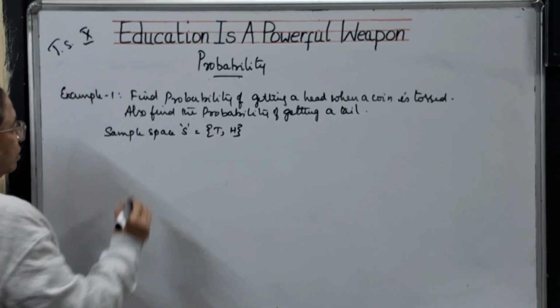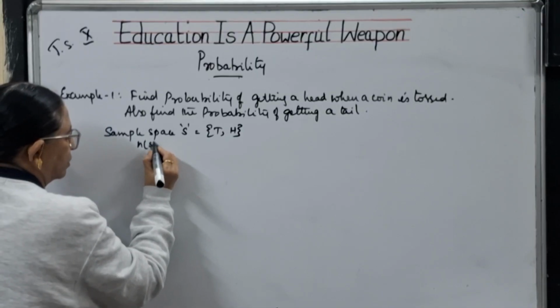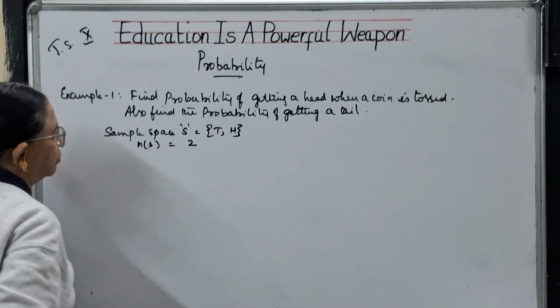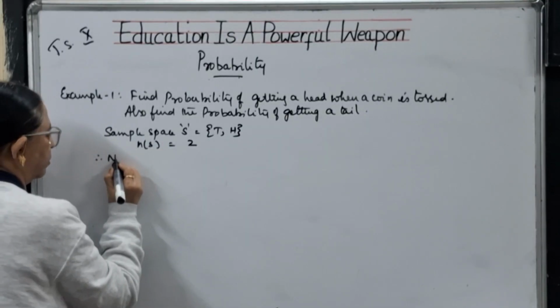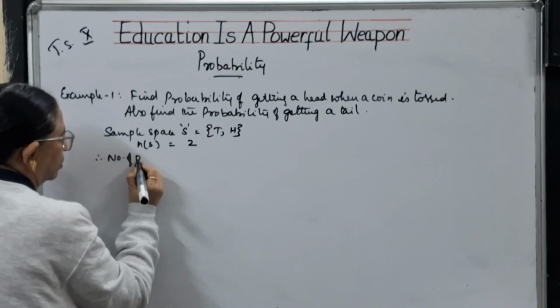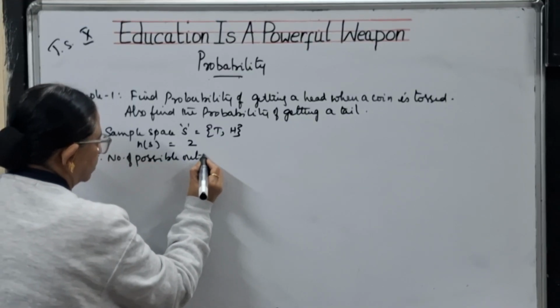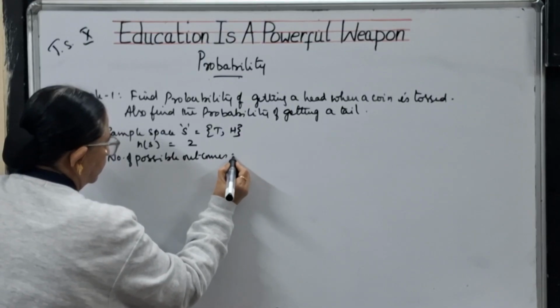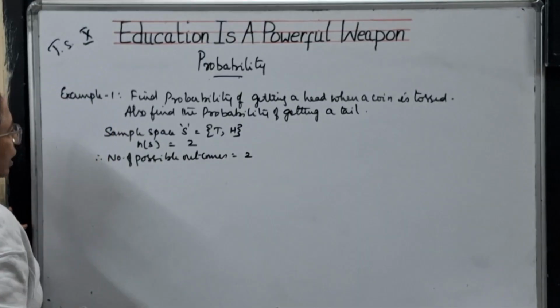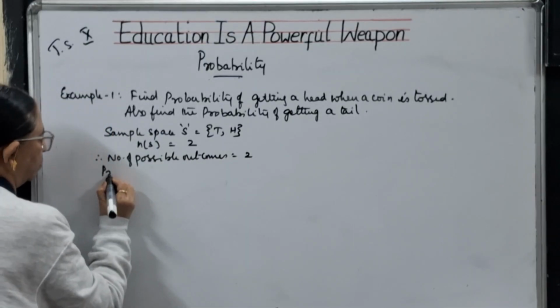These are the two chances. So n of S, the number of elements here, is 2. Therefore, the number of possible outcomes, how many are there? 2.